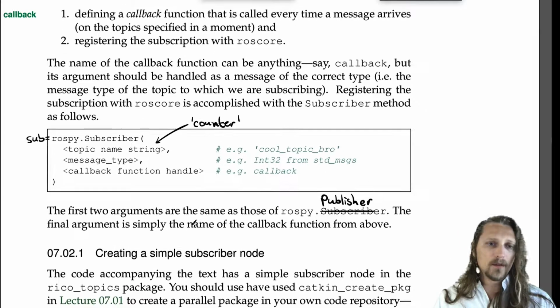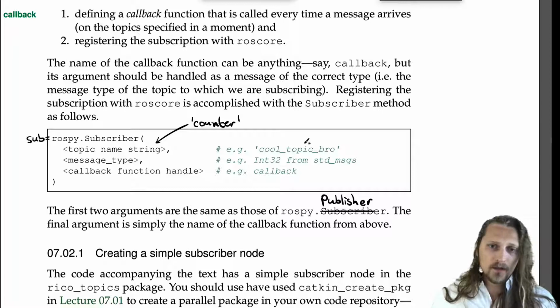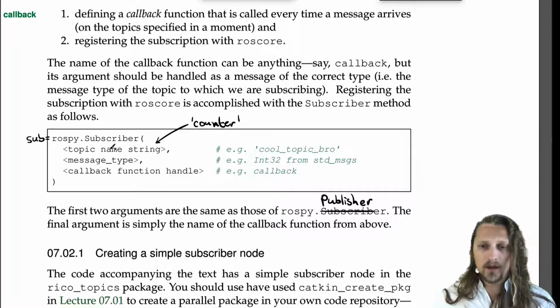And I'll note that if you give it a topic name that doesn't exist at this point, then it's totally fine. It's not going to throw an error. It's just going to say, okay, if somebody starts publishing to a topic named this later, we'll know that this node is going to subscribe to it. So it's not an error situation.